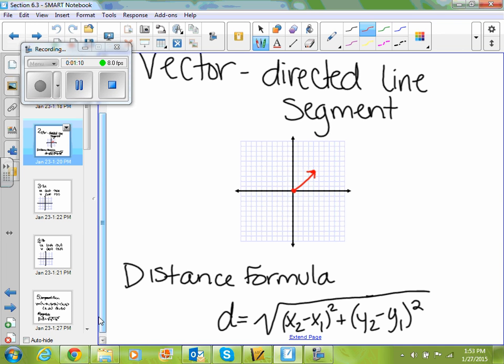To be a vector is just a directed line segment, so it's a line segment that has an arrow on one end pointing in a direction. And our distance formula is derived from Pythagorean's theorem, so it's the square root of x2 minus x1 squared plus y2 minus y1 squared.